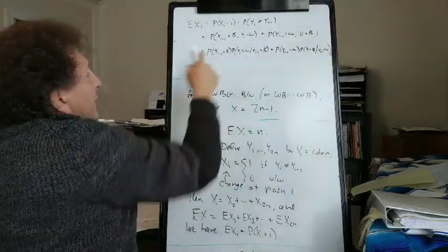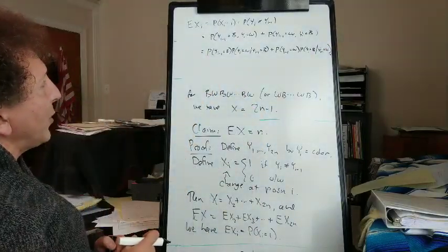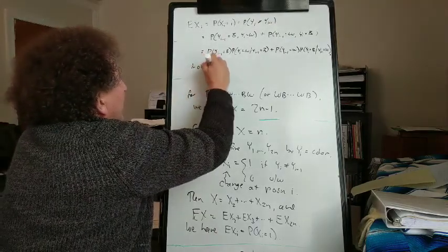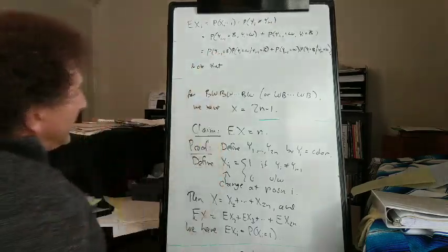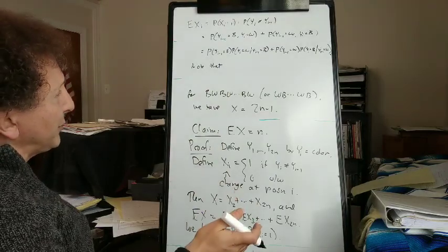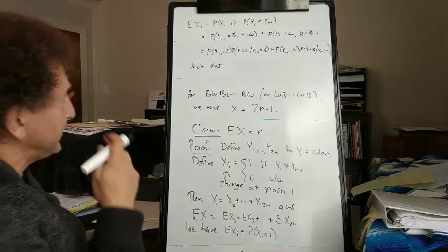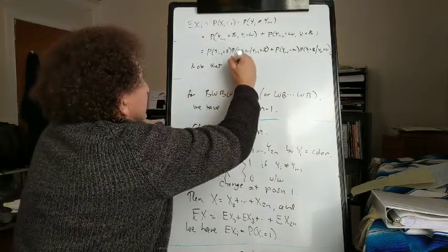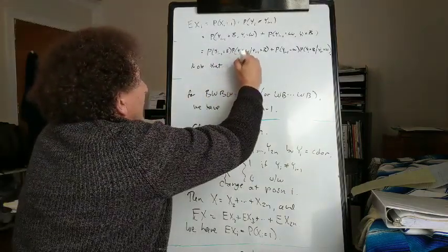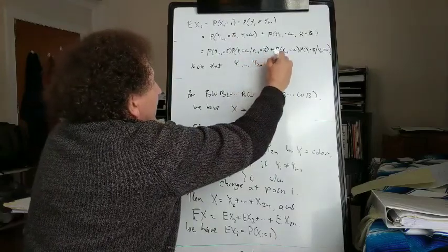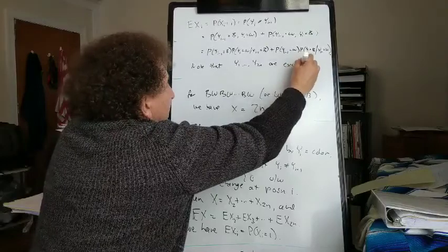Alright, now I have to think of what is the probability that yi minus 1 equals blue. Even though this is the i minus first position, it actually behaves just like the first position. So y1 through y2n are exchangeable.